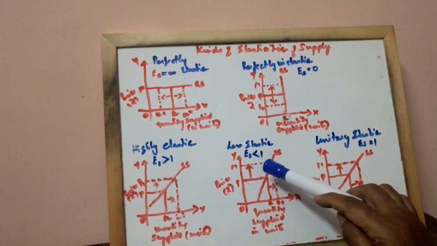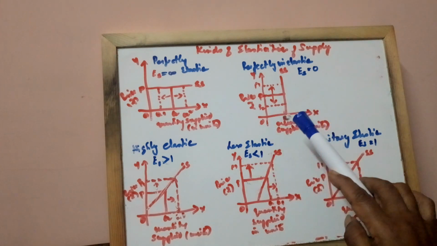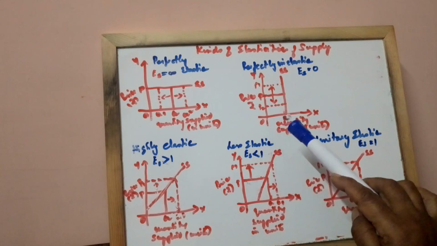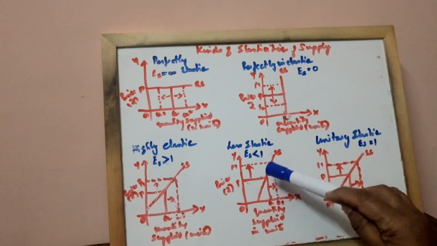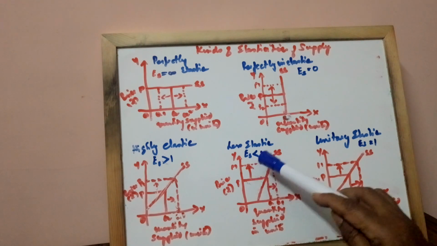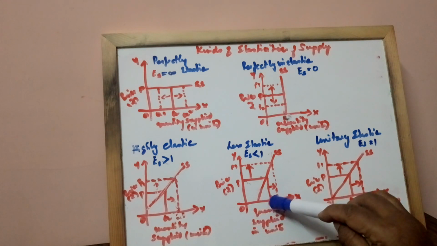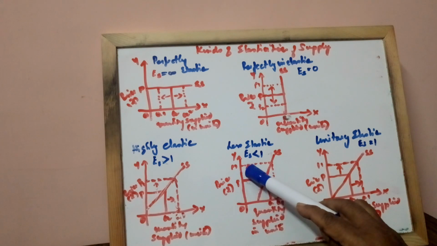Now let's come to less elastic. ES is less than 1. When you look at this diagram, you find the percentage change in quantity supplied is less than the percentage change in price. So here OQ, OQ1, you find the difference. Then OP1 minus OP, you find the difference is more.